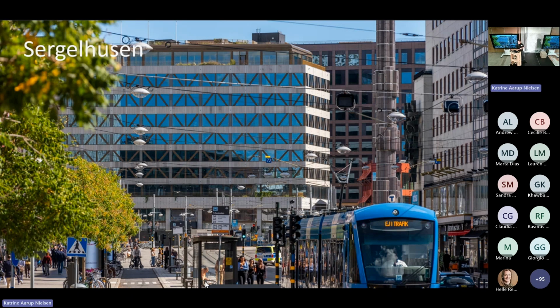And we were starting to work on a new zoning plan with the municipality of Stockholm. And we invited 3 prominent Nordic architectural firms, 1 Danish and 2 Swedish, to come up with ideas what we could do with this site. And they were all sent a large, extensive program on what we wanted to fulfill.